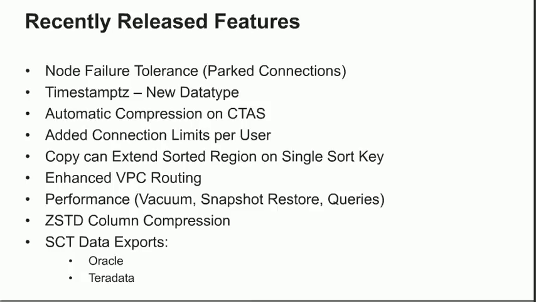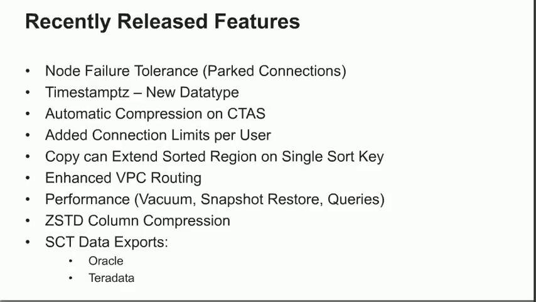The next is to make migrations easier. SCT stands for Schema Conversion Tool. What we've done is, for Oracle and Teradata, it can do a one-time push or pull of data out of those two platforms and into Redshift. The Schema Conversion Tool is a standalone product. It's free.